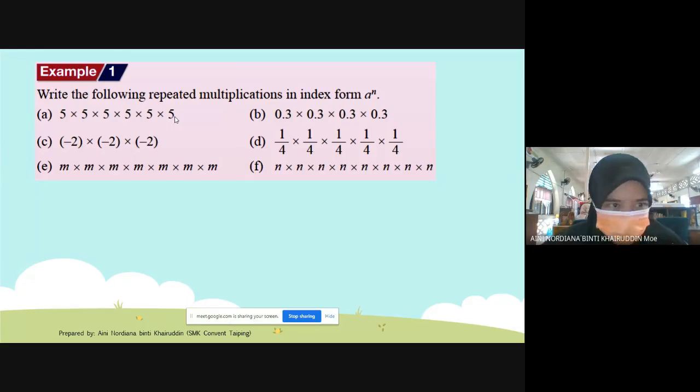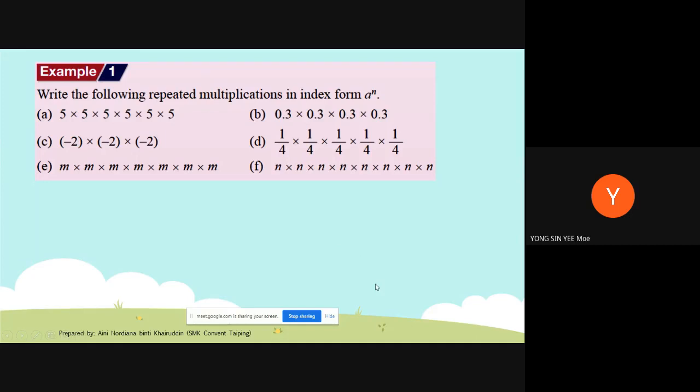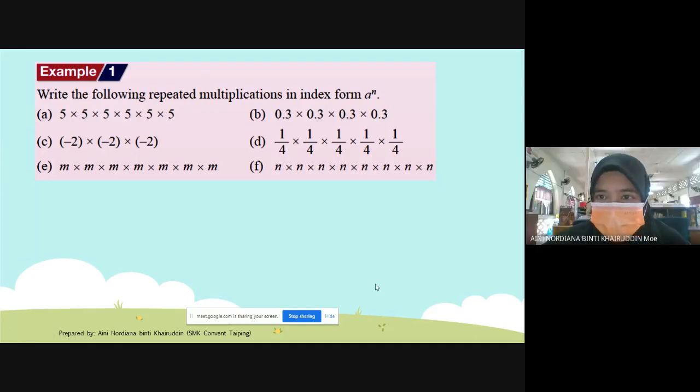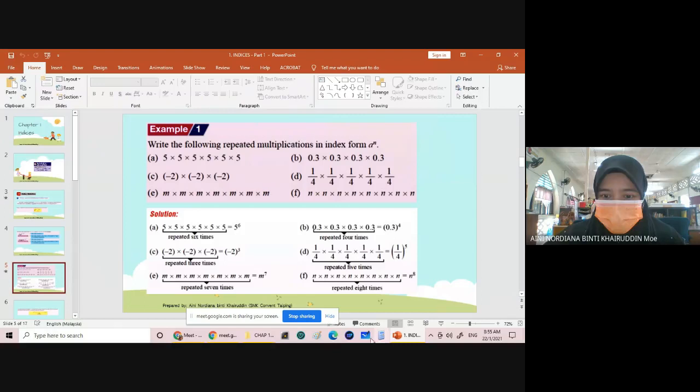Just now you said for C. 0.3 to the power of 4. Not by the power, to the power. 0.3 to the power of 4. Okay, good.